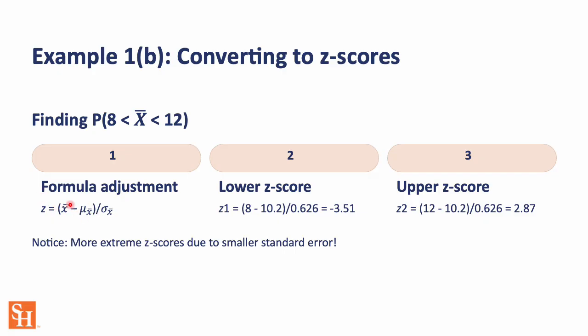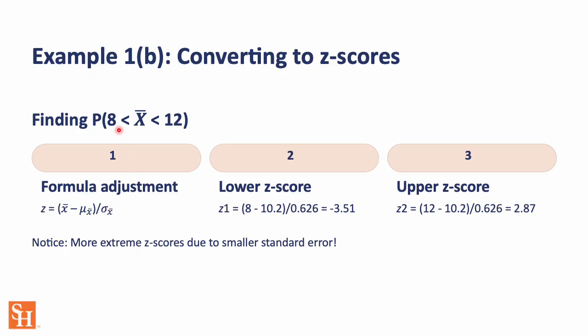And in that case we are dealing with a sample mean, right? So here instead of X we have to use the sample mean, and this is the distribution of the sample mean. So here is the mean of the sample, and this is the standard deviation of the sample, right?